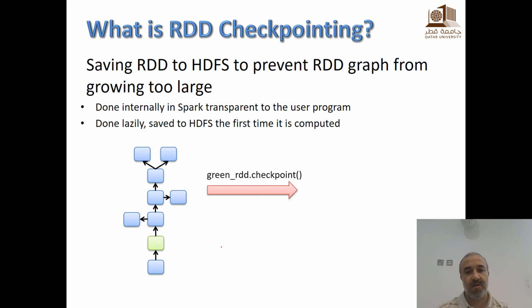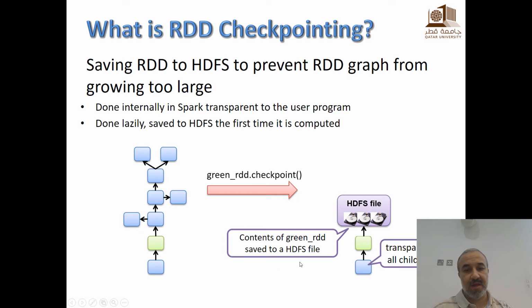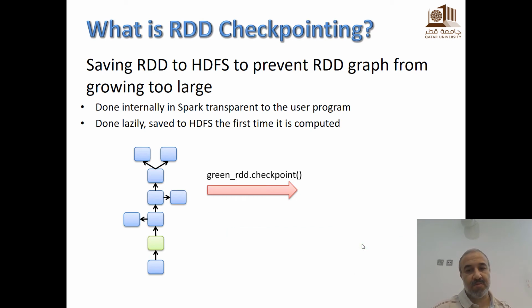So if I call checkpoint on, for example, this green RDD, it's like adding a saving operation. Of course, this is done automatically by Spark Streaming every period of time. That will be a copy of the RDD output at that point, so we don't need to regenerate it from the beginning. This is in parallel to the actual tree.